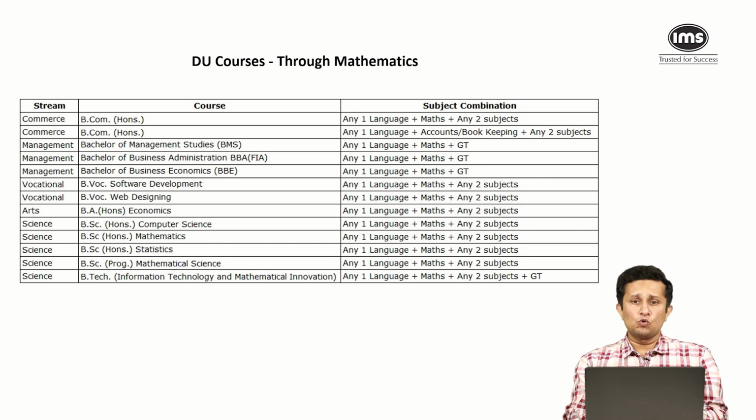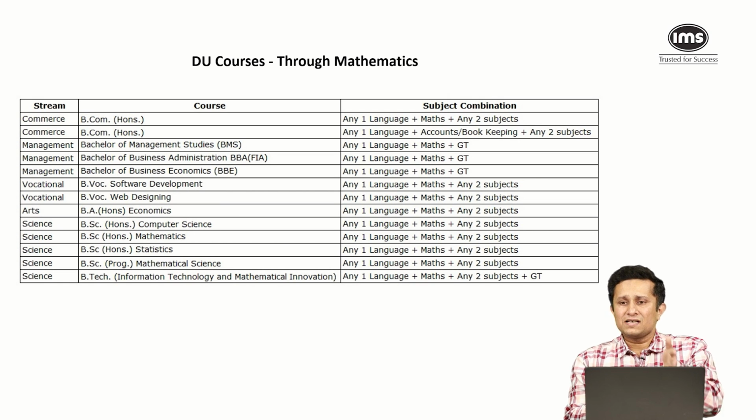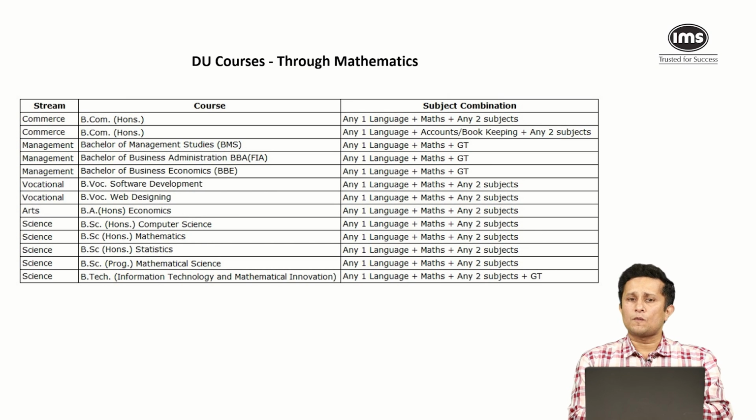Then there are a few assorted courses here. For example, the vocational science-based courses, which is software development, web designing. Now, in case you're a commerce student and you want to go for web designing, what can you do? You take one language, that's English, you take maths, and then take two of your commerce subjects, eco and business studies. You can still go for web designing.